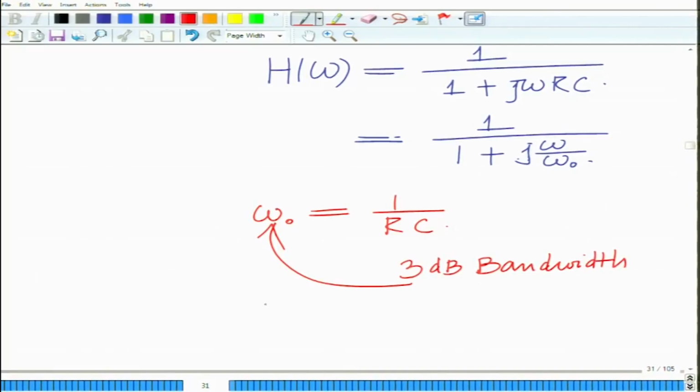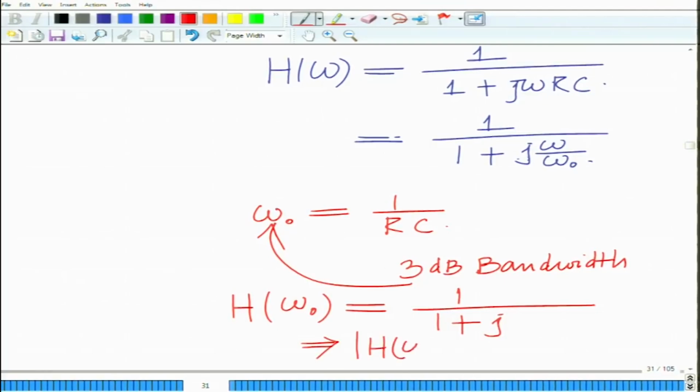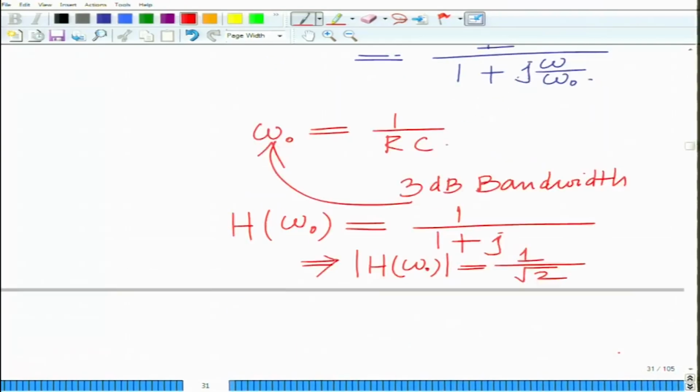It is the 3 dB bandwidth because H of omega naught, that is the transfer function, is 1 over 1 plus j, which implies the magnitude of H of omega naught is 1 over square root of 2, correct.